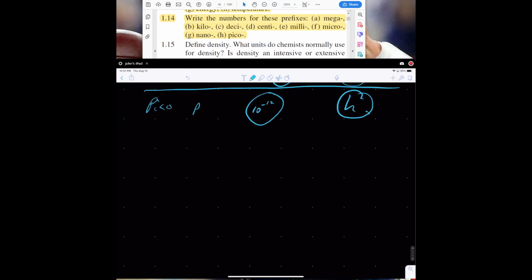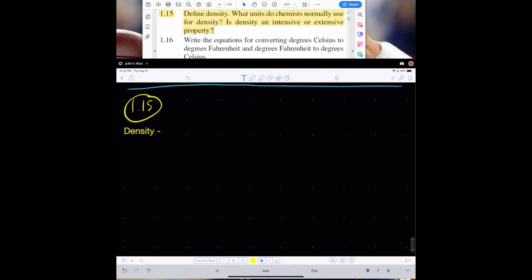Because a lot of chemistry is math, using algebra to rearrange set formulas. And it helps when you know what you're dealing with and how you can convert them, and we use dimensional analysis, and we have to pay close attention to significant figures, which we'll get into very shortly. So that completes question 1.14.